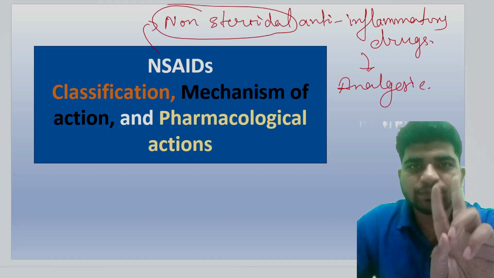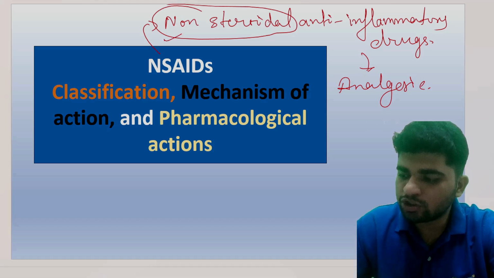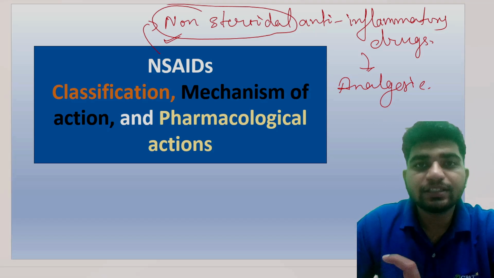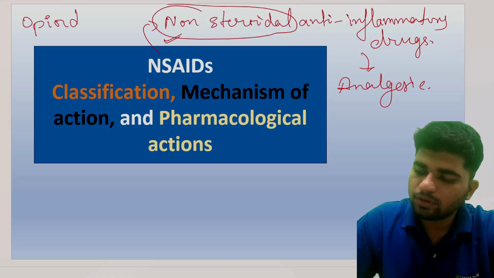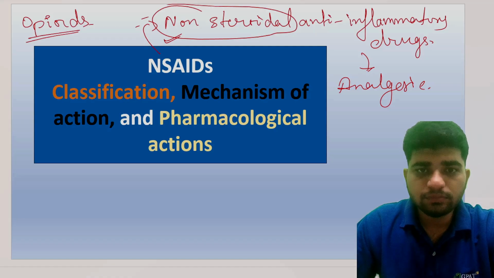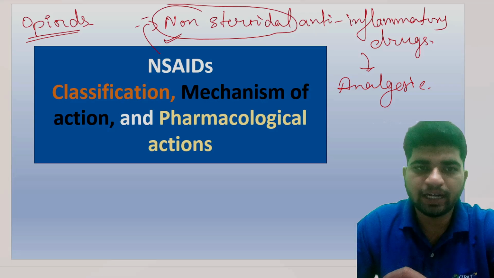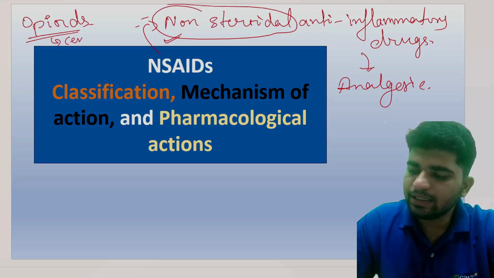We have two types of analgesic drugs. The first one is non-steroidal. The second one is steroidal, which may be opioids. Non-steroidal anti-inflammatory drugs are peripherally acting, whereas opioids are centrally acting drugs.